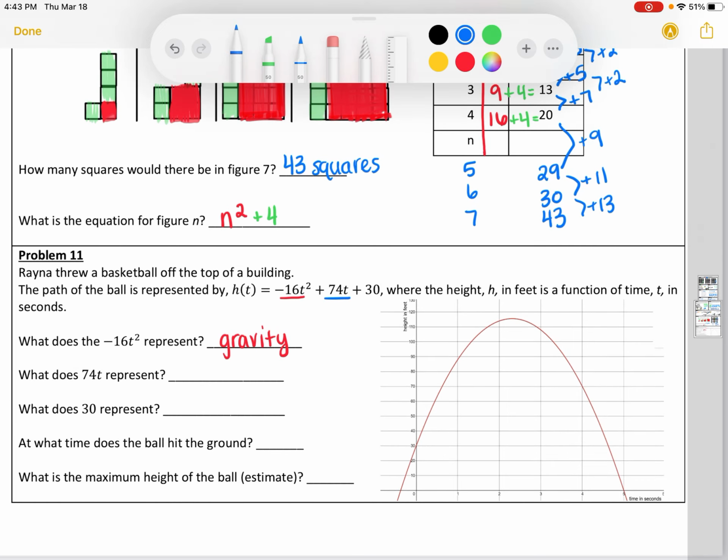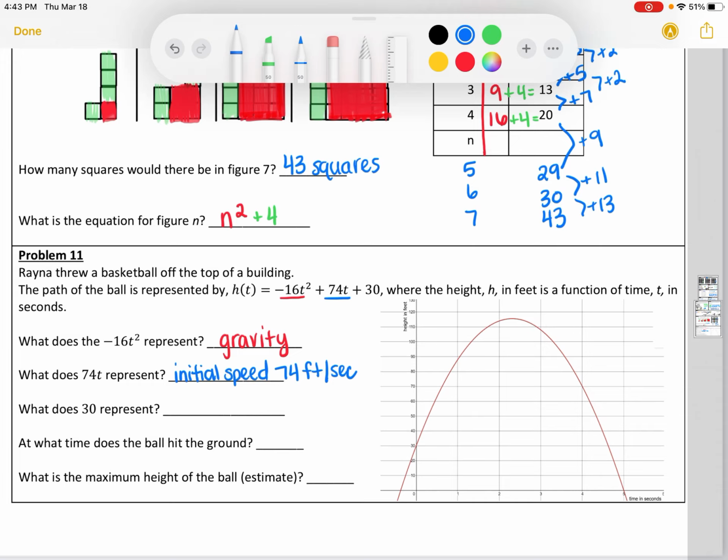What does 74t represent? Okay, that's my middle term. We learned in class that the number with t by itself is the initial speed. So the initial speed of the ball, which would be 74 feet per second, because those are our units.